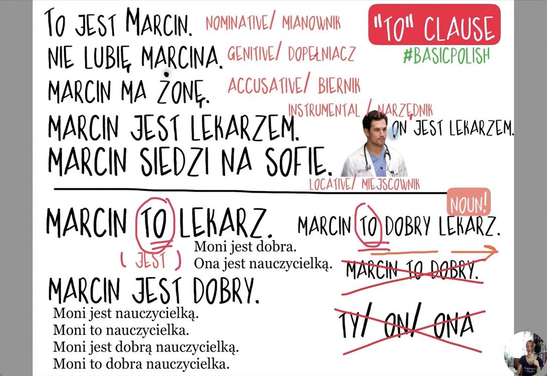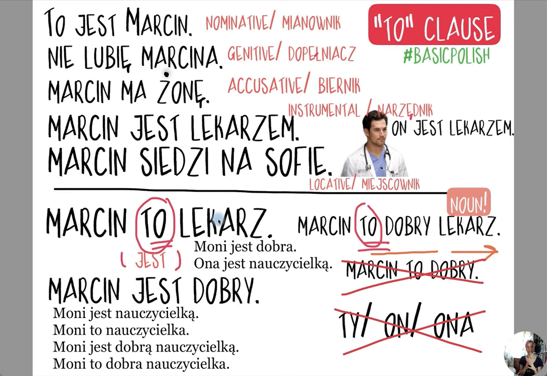But if you replace on, the personal pronoun, with a name, Marcin, then you can use to. Marcin to lekarz. You just need to get used to it, really. Okay, that's all it is. When I can do it and when I can't. That's all it is. But it's really crucial, as you will see it all the time in different books, articles, on television.